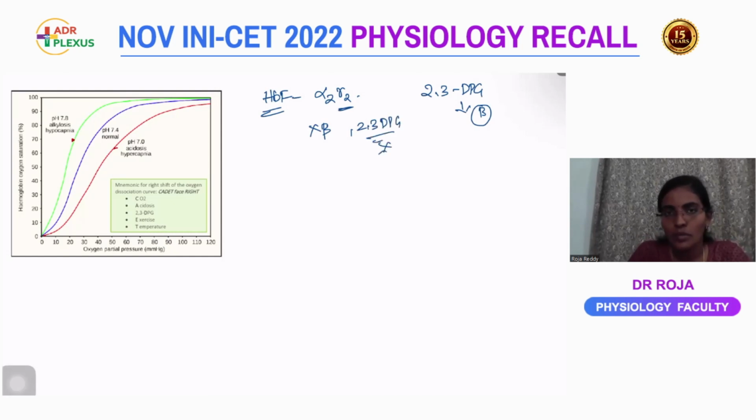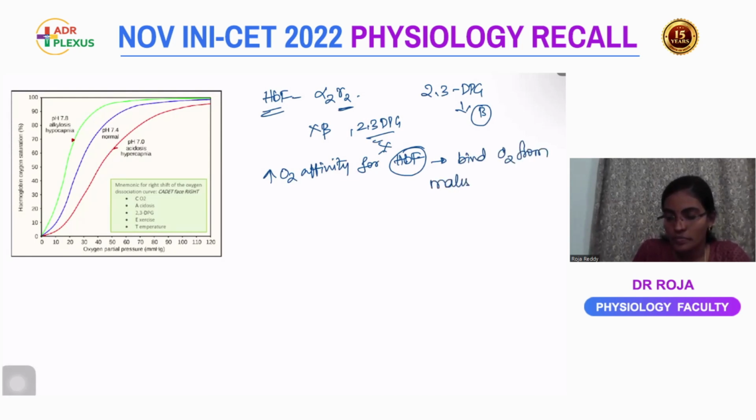And if there is no 2,3-DPG binding, it means there is increased oxygen affinity for hemoglobin F. That is how fetal hemoglobin is able to bind oxygen from the maternal circulation. Okay, that is about fetal hemoglobin.